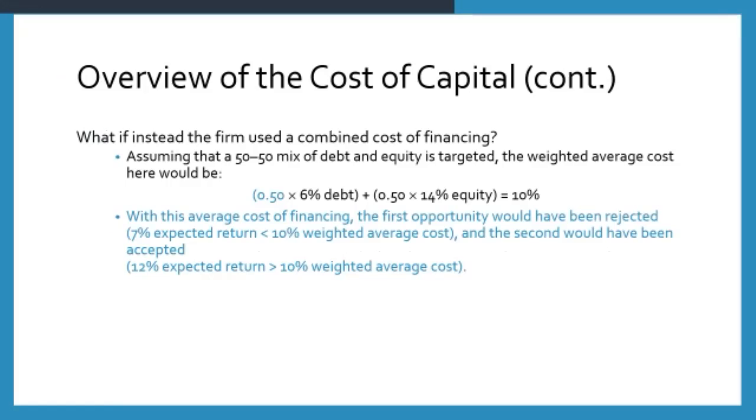What if instead the firm used the combined cost of financing? So assume a 50-50 mix, which means 50% debt, bonds, and 50% equity, stocks, is targeted.